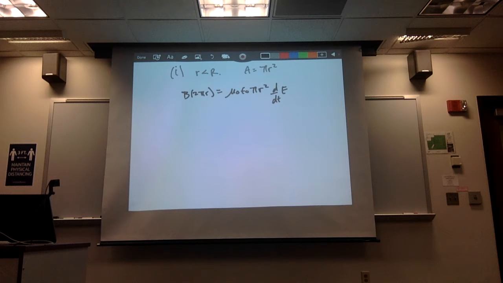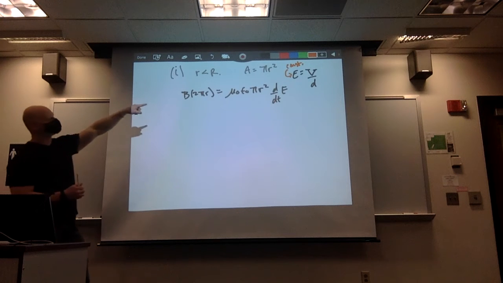Now, for us, we're not given the electric field, but we're given the potential. So remember that the electric field is related to the potential by simply the distance between the plates, as long as the electric field is equal to a constant, which we already established that it is. So I'm going to replace that.